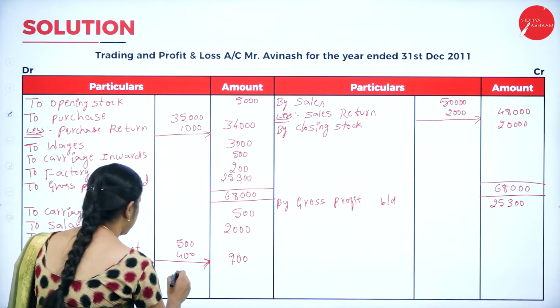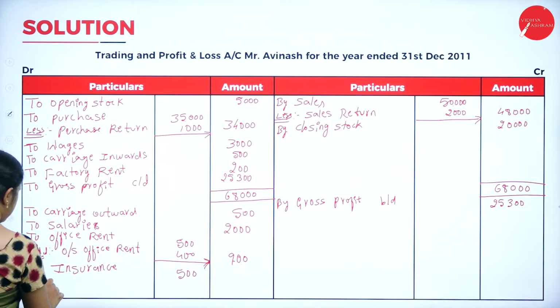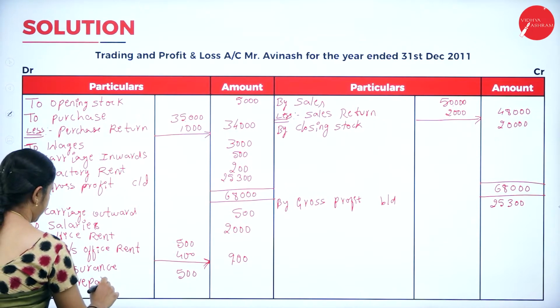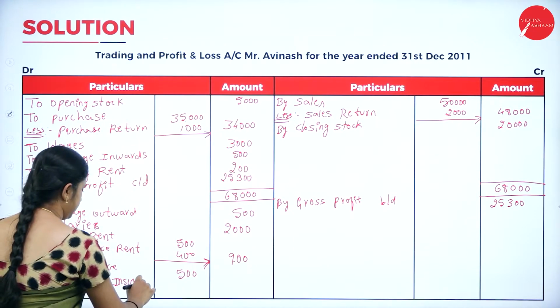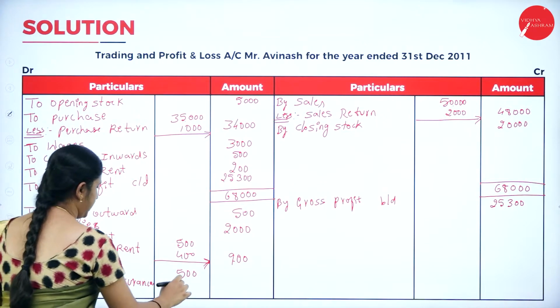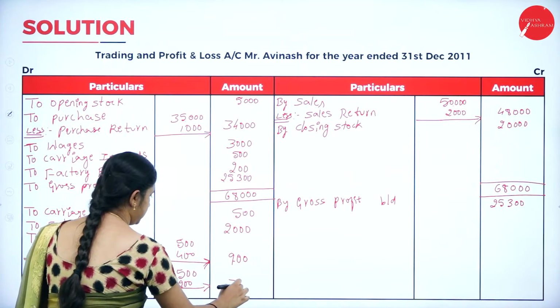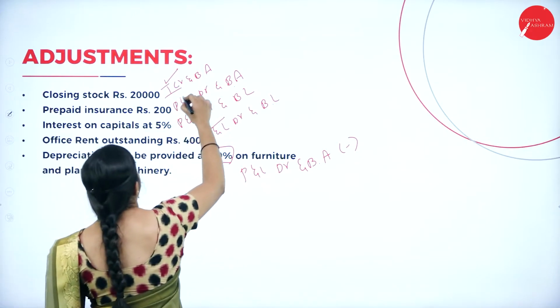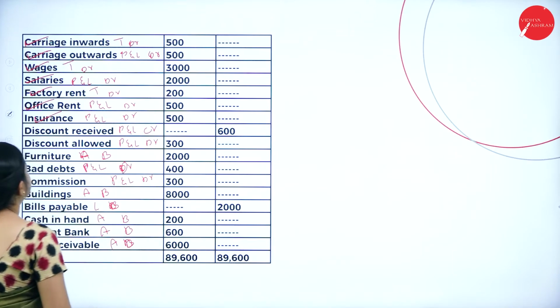Insurance amount in inner column 500. Then less prepaid insurance 200. Amount 300 in the outer column. Prepaid insurance we consider in P&L account, and insurance of rupees 500.